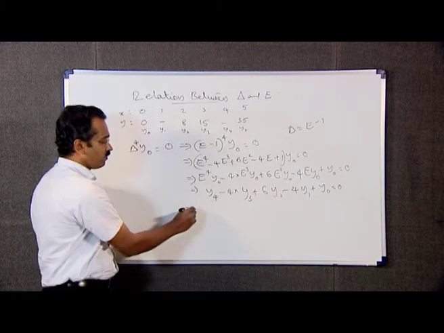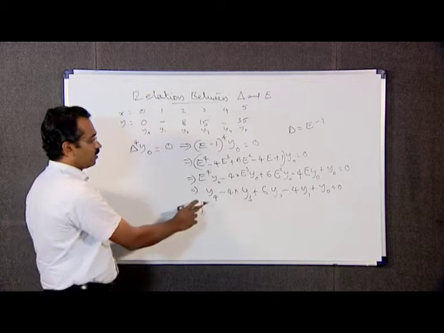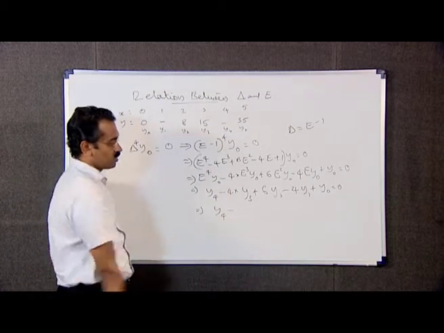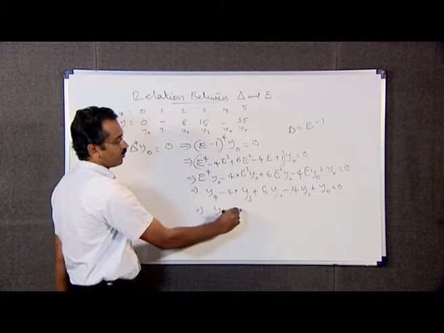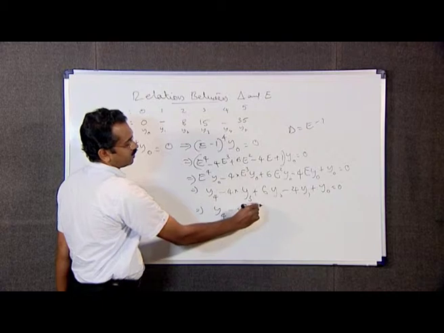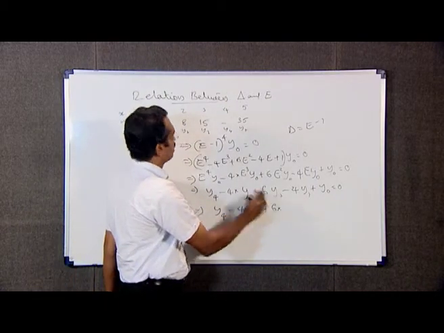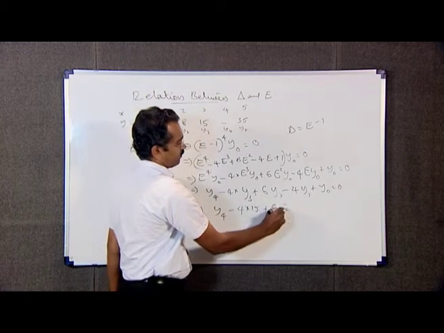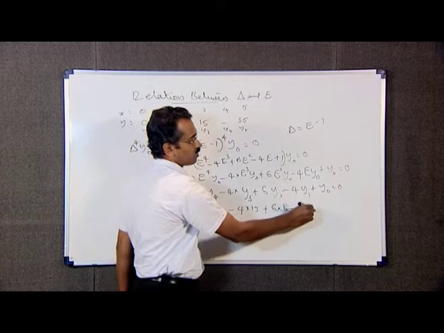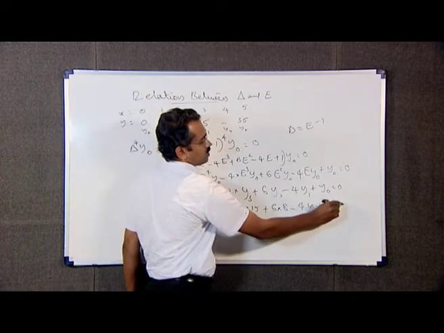Which implies, by substitution of values of y, y4 is unknown, minus 4 into y3 is 15, 4 into 15, plus 6 into y2, y2 is 8, minus 4 into y1, which is unknown, plus y0, y0 is 0, is equal to 0.